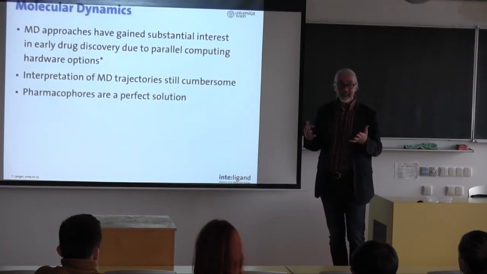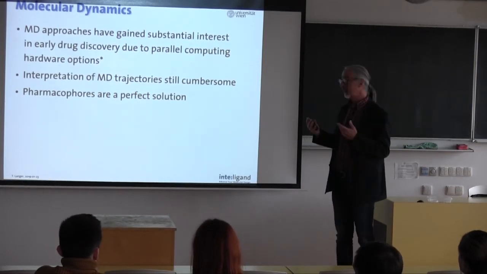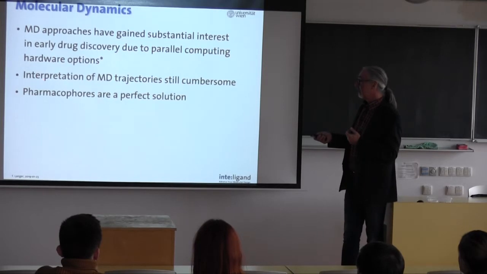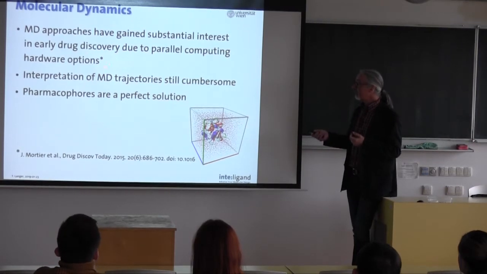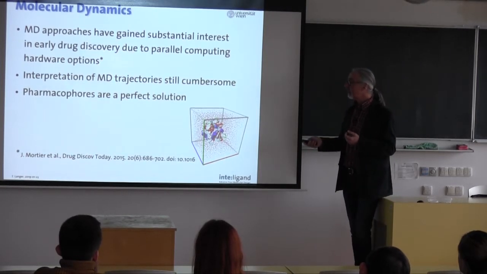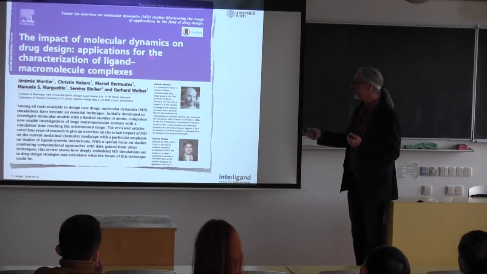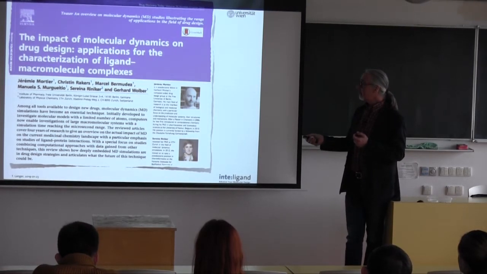Still, analysis of these trajectories is long and cumbersome, to find out what's coming out. So the interpretation is difficult, but pharmacophores are a perfect solution for that, actually. And I just want to draw your attention to this review here from Jérémy Mortier, this article here. He's at Bayer now, and he writes about the impact of MD on drug design.